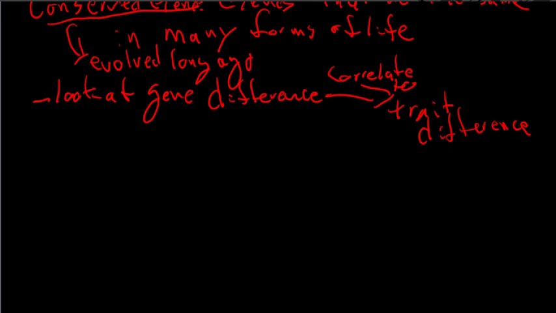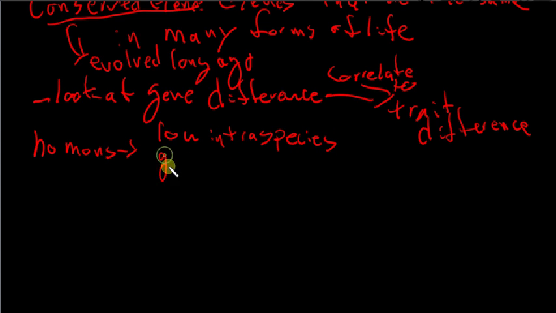For example, as a species of humans, we have about 200,000 years, and we have low intra-species, so in the same species, genetic variation. From human to human, our genes don't vary that much.